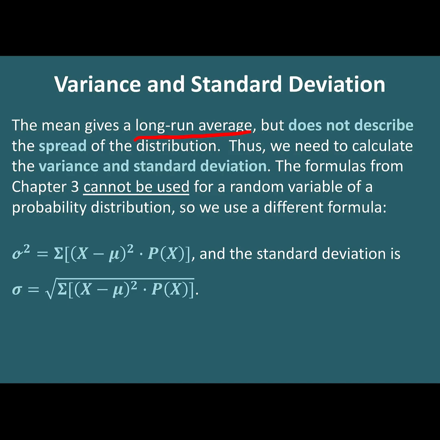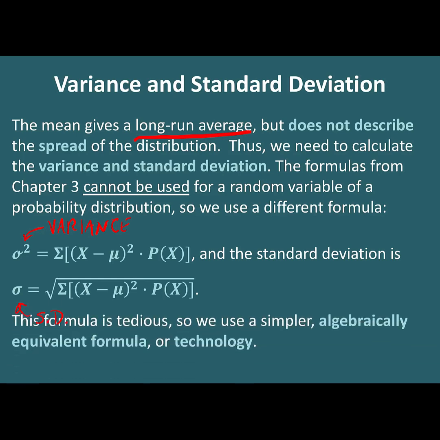However, in a few moments, I will show you some examples that will make this calculation quite simple, including the use of technology. Once again, sigma squared here is known as the variance. Square rooting the sigma squared is known as the standard deviation. This formula is tedious. So again, in a few moments, I will show you a simpler algebraically equivalent formula and also later technology using a graphing calculator.